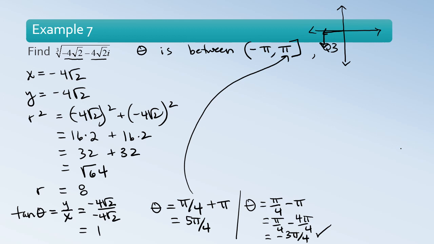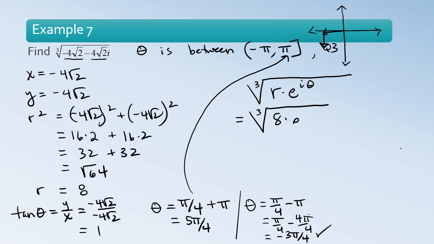So now I have my r and I have my theta. So I'm looking for the cubed root of r times e to the i theta. And so I'm going to say that my r value is 8 and my theta is negative 3 pi over 4. Now, another way of writing that cubed root is simply to take that whole thing to the 1/3 power.